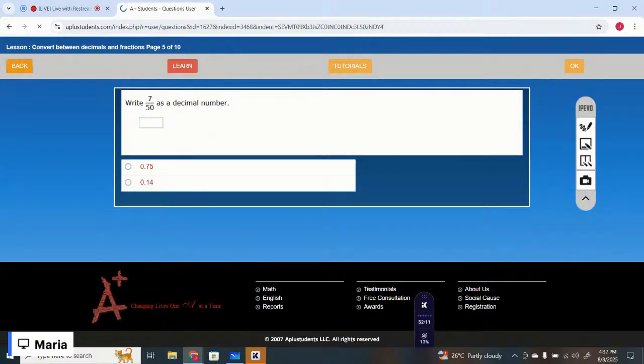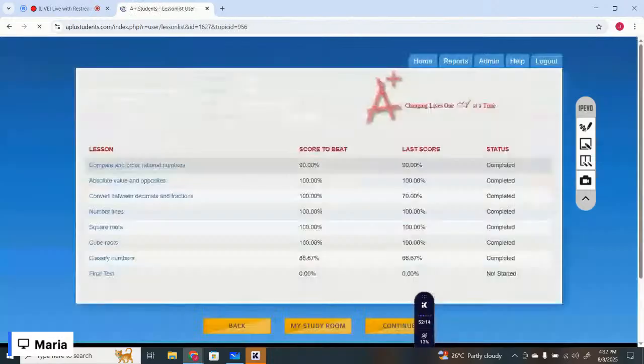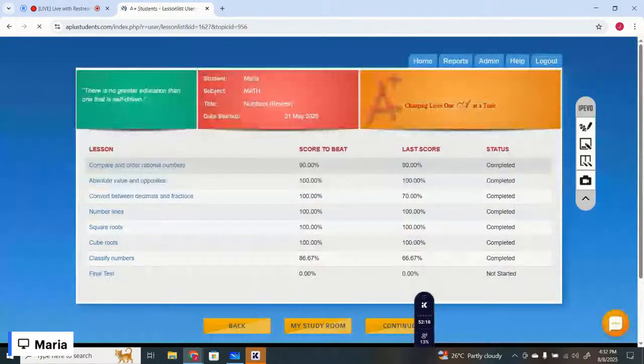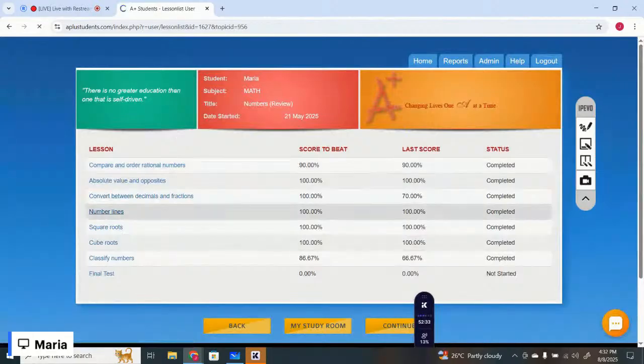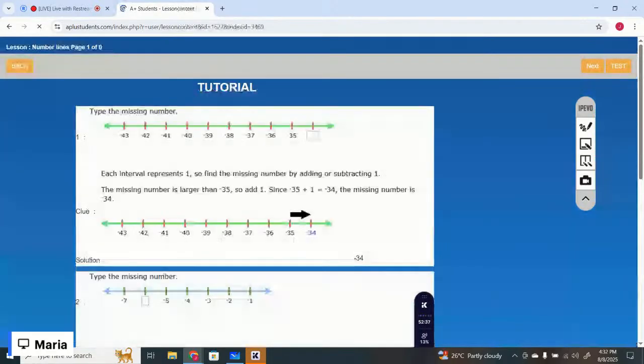So the next lesson is number lines. Let's just start with the lesson. Type the missing number. So which number is missing?